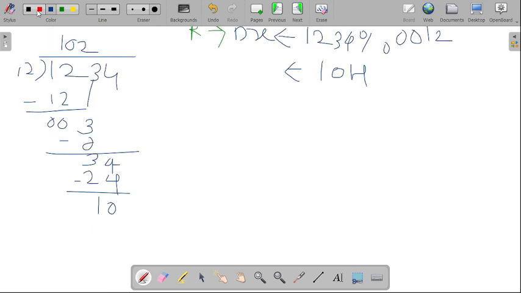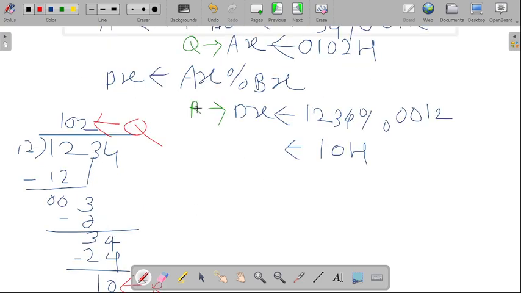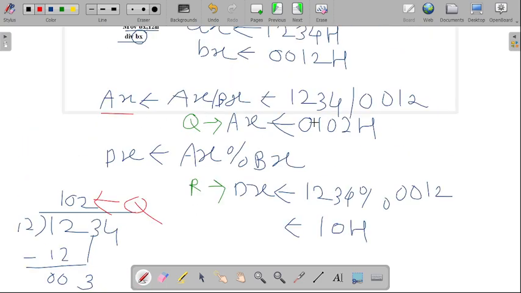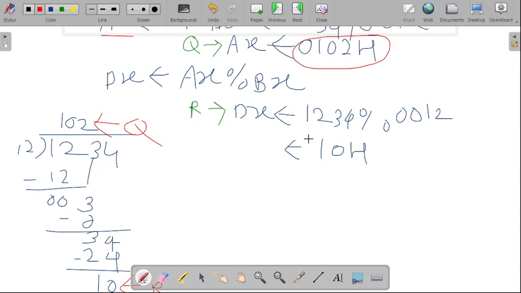So you got this number 102 as a quotient and 10 as a remainder. So we have written this quotient AX is equal to 0102H, and our remainder, that is DX register, is equal to 0010H.